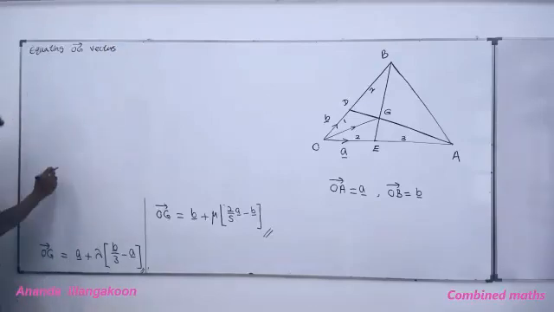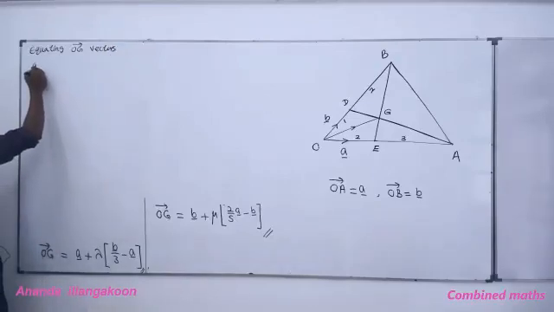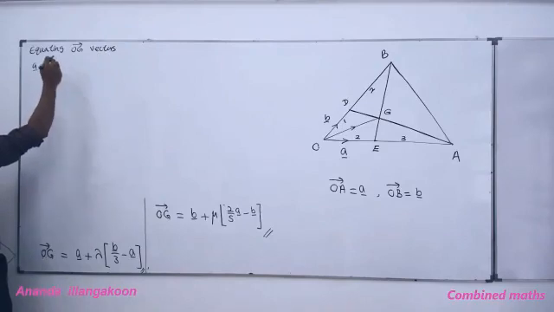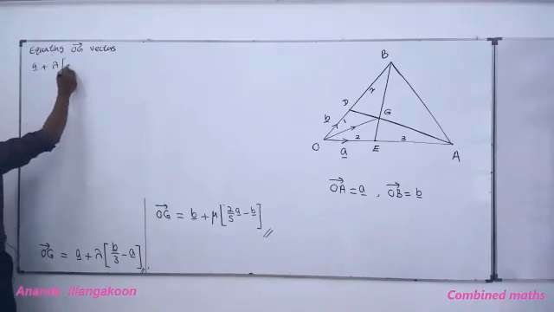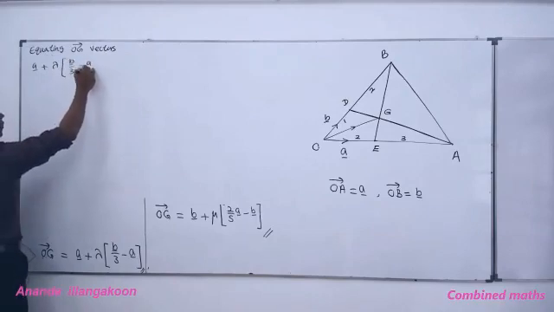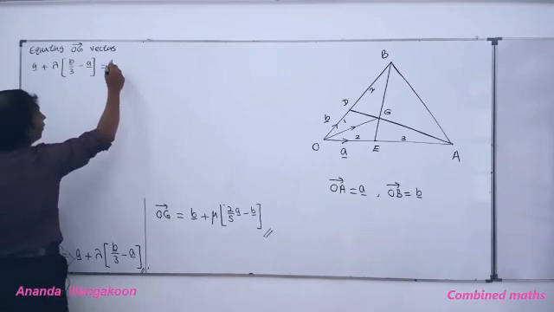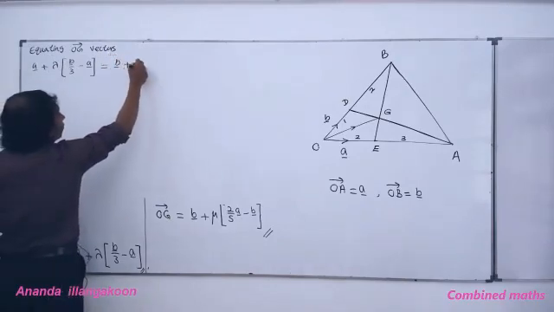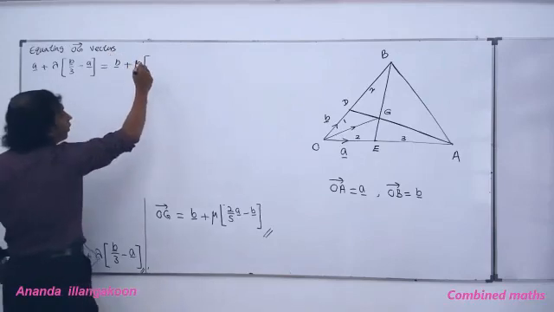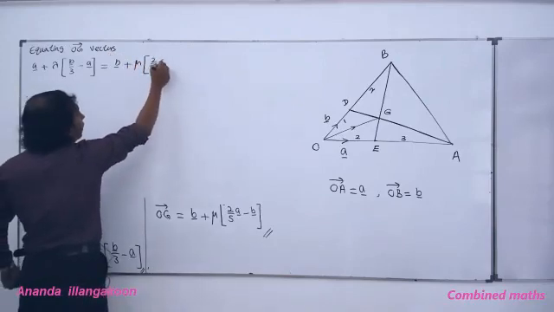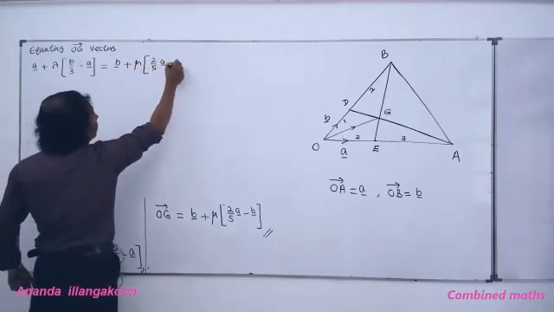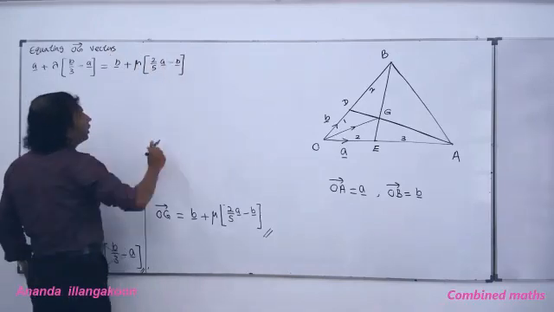Equating OG vectors, we can write here vector a plus lambda times (vector b by 3 minus vector a) equals b plus mu times (2 by 5 a minus b). We get like this.